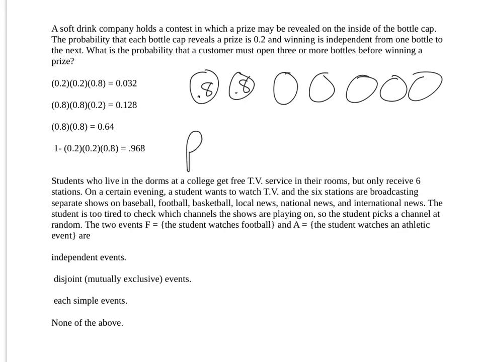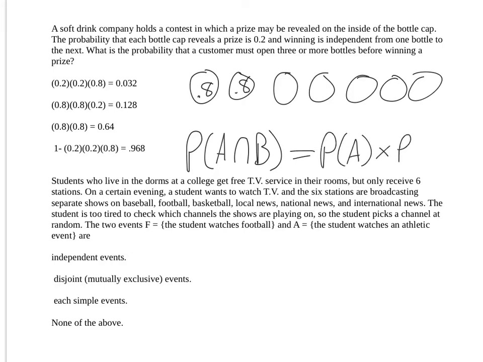The probability of event A and event B occurring is equal to the probability of A occurring multiplied by the probability of B occurring. If that's true, then the 2 events A and B are independent, right?